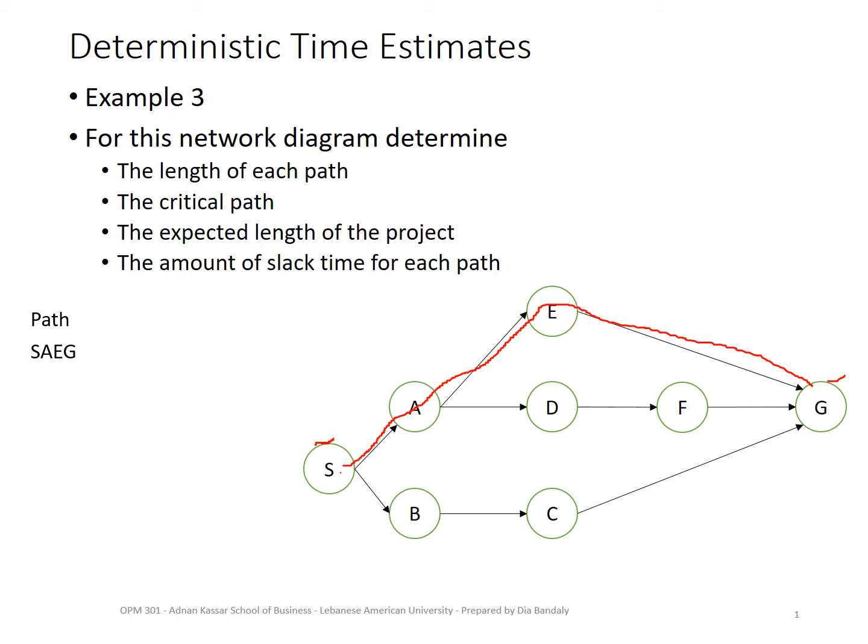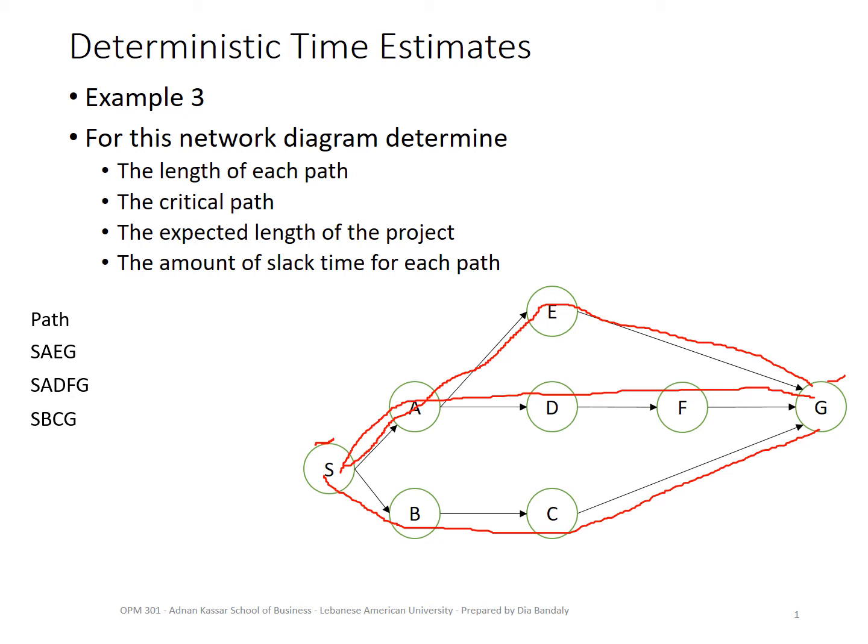So it is SADFG. Very simple. Sorry, I said E, it's F. Then the last one, S, B, C, and G. And here I listed them. So these are the paths.